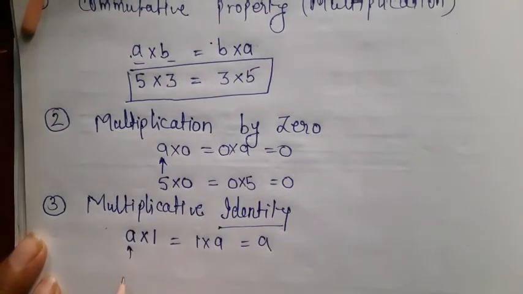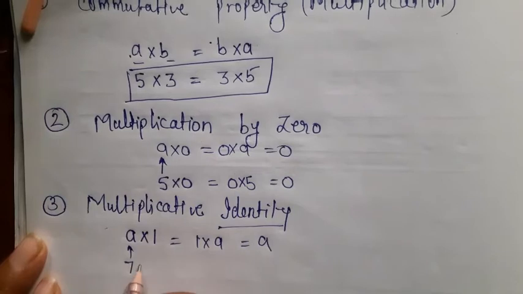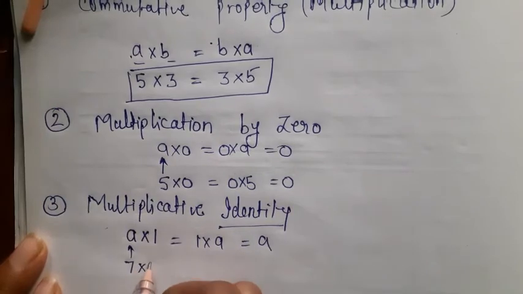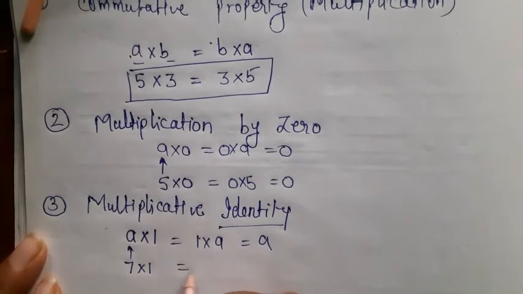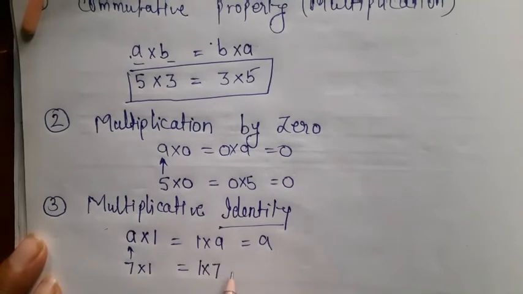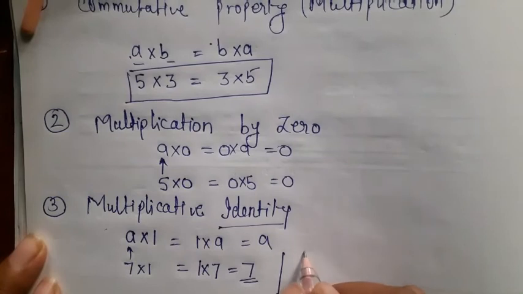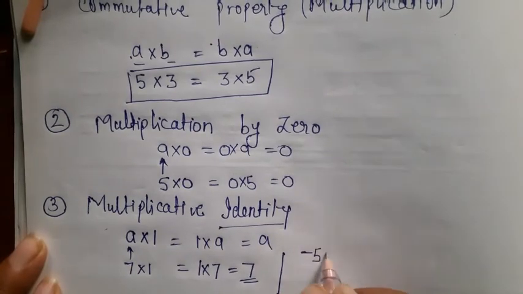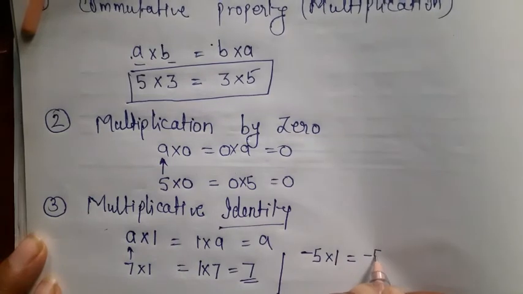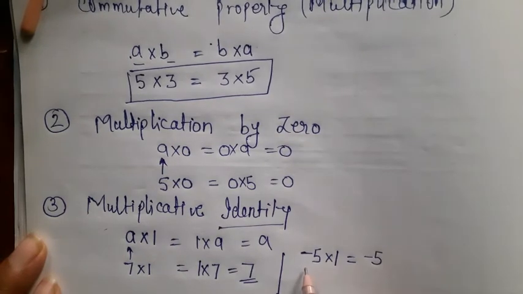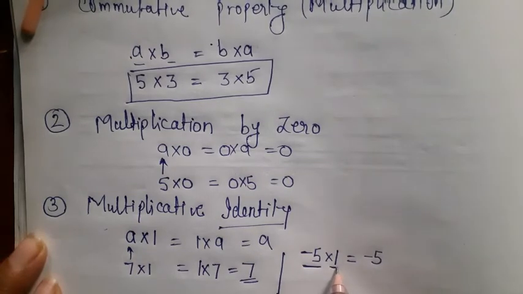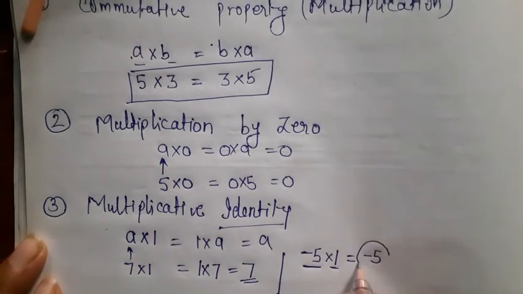If we have the value of a is 7, and we multiply this number by 1, we get 1 into 7, or only 7. Next, minus 5 multiplied by 1 is equal to minus 5. That means if we multiply any integer by the identity, we get the same integer.